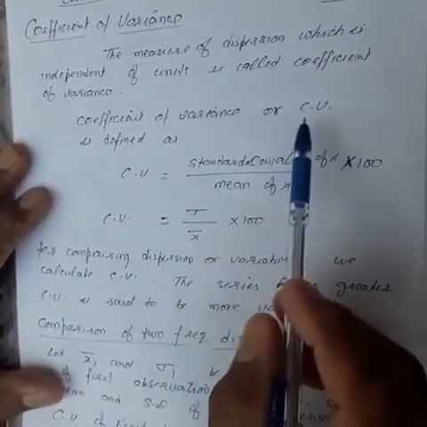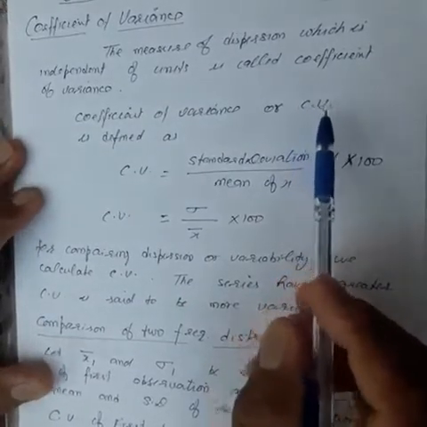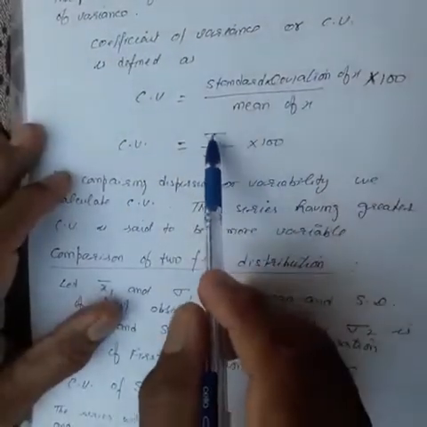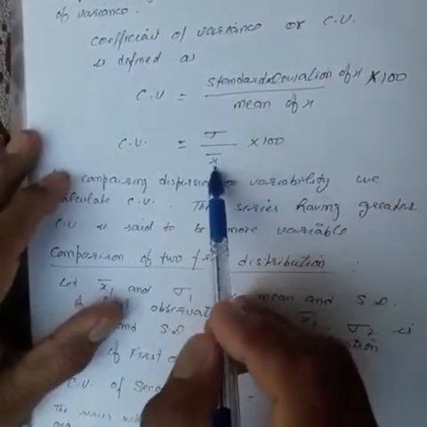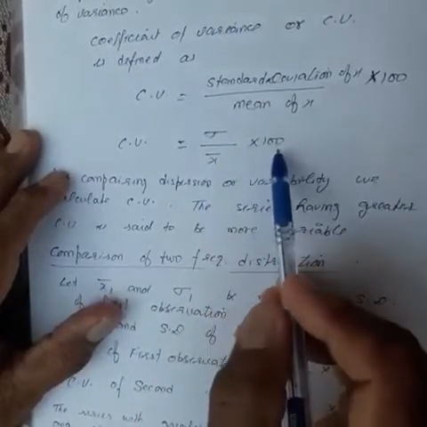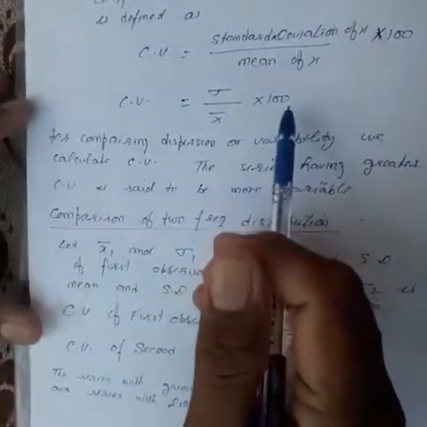In short, coefficient of variance is written as C.V. The symbol for standard deviation is sigma, divided by x bar, that is the mean of x, multiplied by 100. So this is the formula for coefficient of variance.